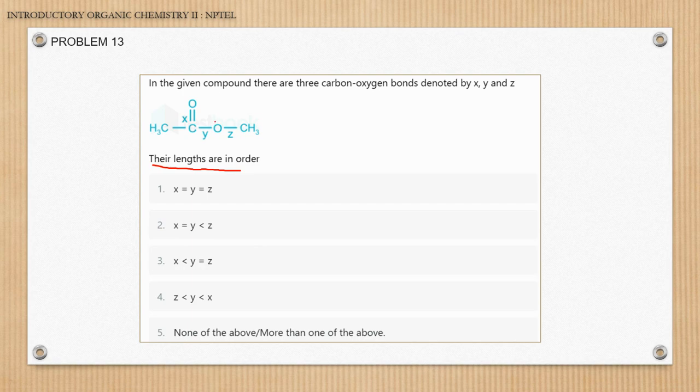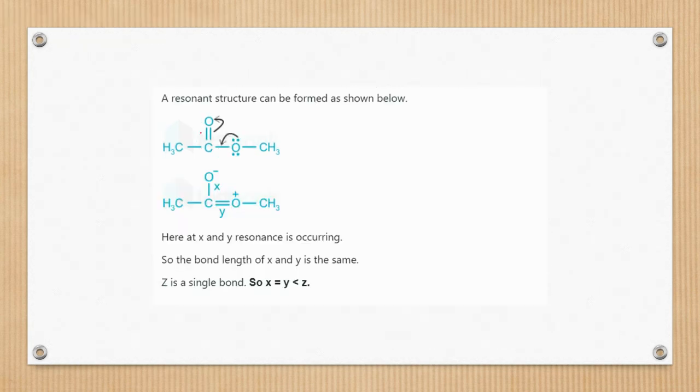Okay. So before answering it, you first need to know that this oxygen is also participating in the delocalization, right? If it is participating in the delocalization, then a partial positive charge is also arising at this Y position. So now your length for this X and for this Y will become equal, because now there is resonance occurring between this carbonyl group.